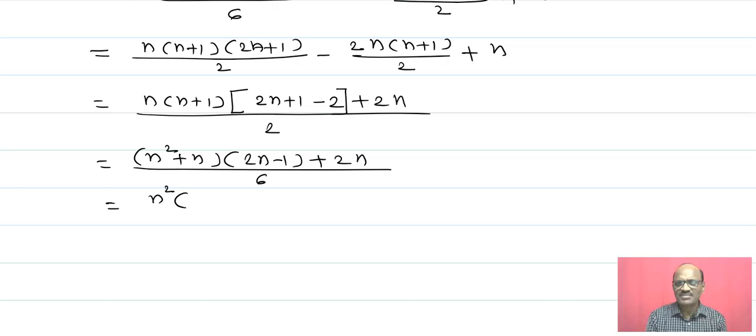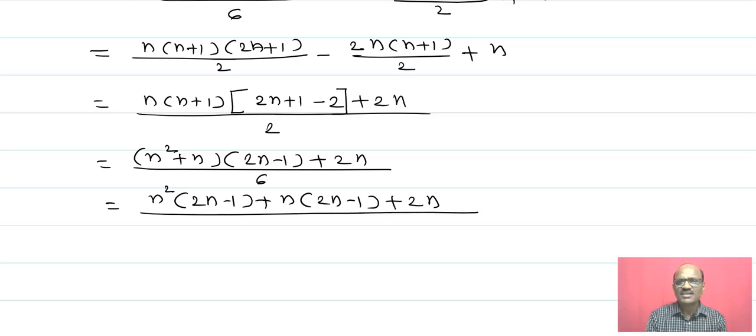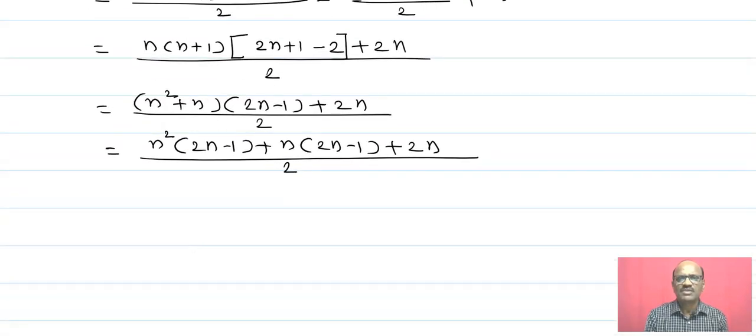I hope there will be the correction, that is again the multiplication, divided by 2 must be there. I am changing it, upon 2. Now simplification, again we are doing the multiplication.